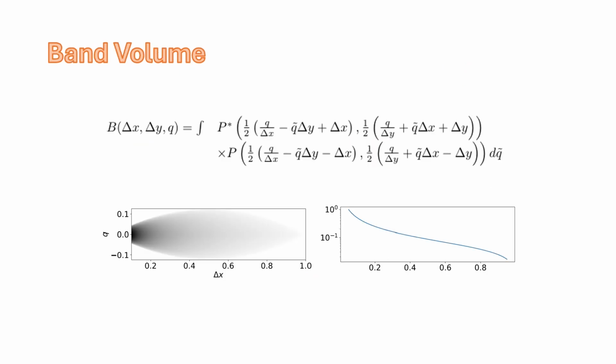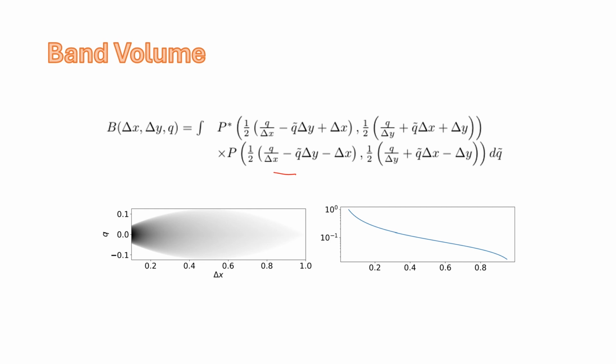So we looked at the structure of the band volume, and the band volume was this interesting autocorrelation of the pupil function in these coordinates that we defined with Q being this delta x times x bar, and delta x and delta y being separations in the aperture of the lens, where the aperture plane corresponds to the Fourier plane of the space.